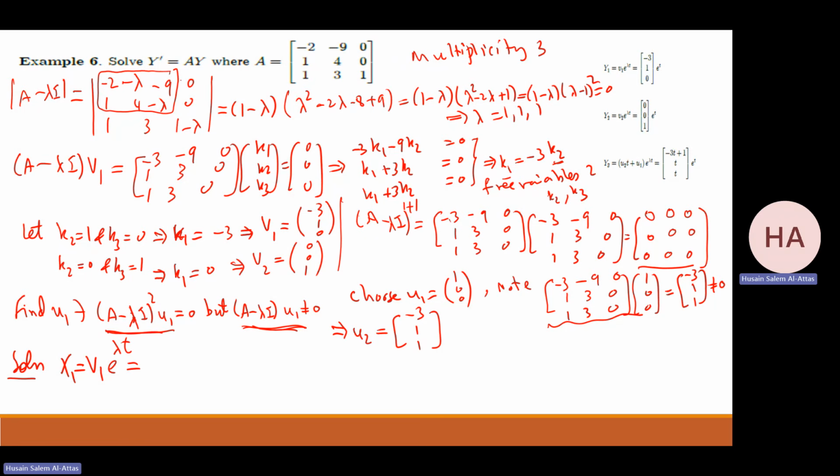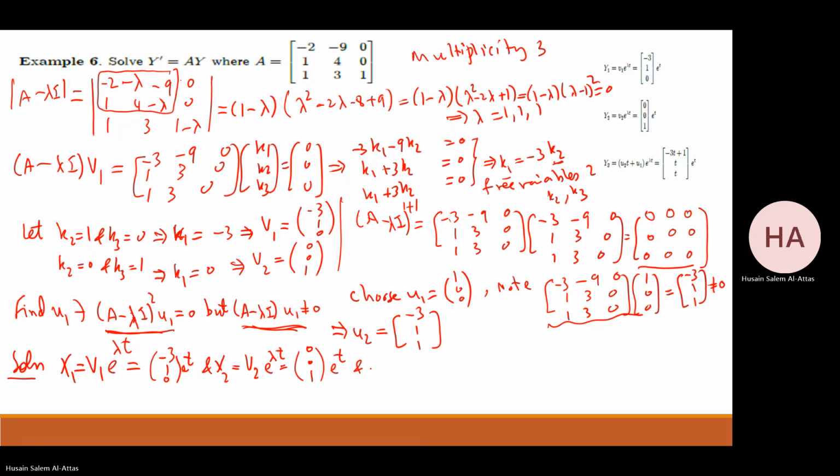What is V1? This is V1: minus 3, 1, 0, times e to the t. X2 equals V2 e to the lambda t, since you have two linearly independent eigenvectors. And what is V2? 0, 0, 1, times e to the t.